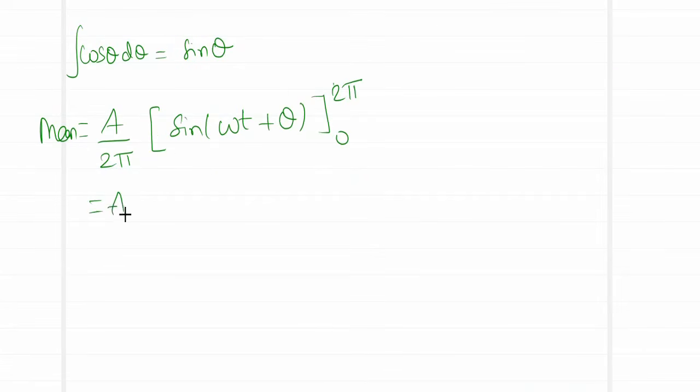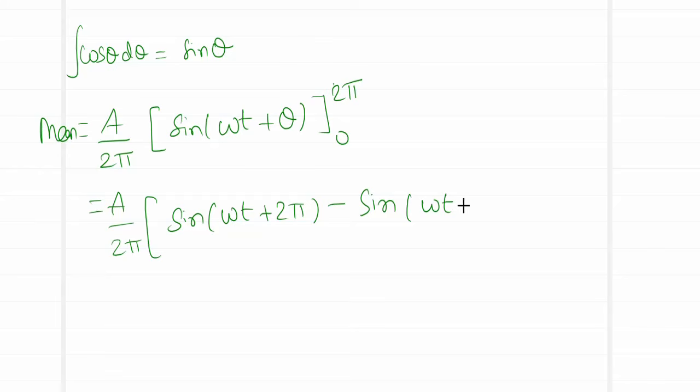So now this becomes A divided by 2 pi. Applying the upper limit, it becomes sine of omega t plus 2 pi, minus the lower limit, sine of omega t plus 0, which is just sine omega t. What is 2 pi?